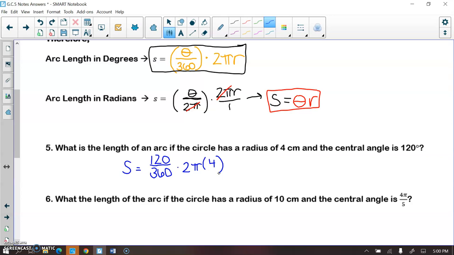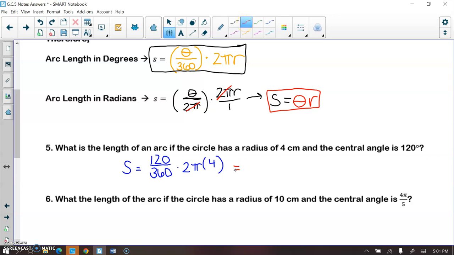So I'm actually going to write it in exact format and then also write it rounded. It doesn't ask us for what we want, so I'm just going to prepare you for both just in case you see exact or rounded in your homework.